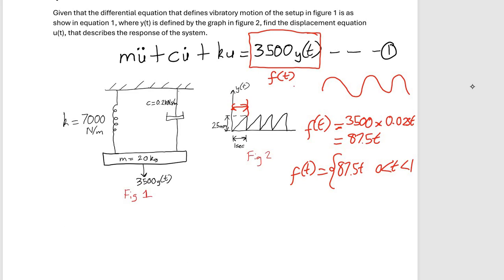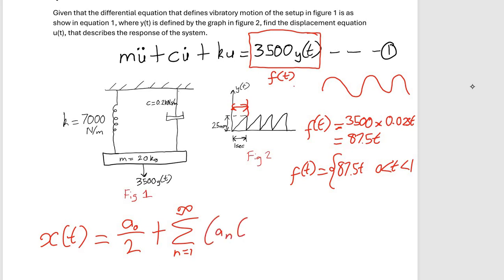The Fourier series says that x(t) is equal to a0 over 2 plus the summation, from n equals 1 to infinity, of an cos n omega t plus bn sine n omega t.